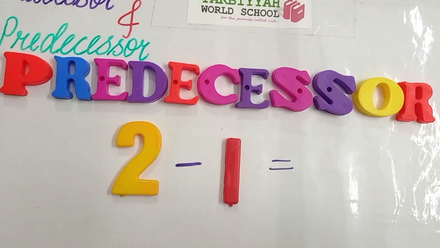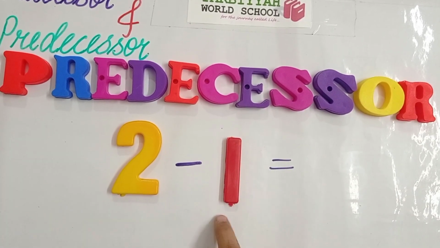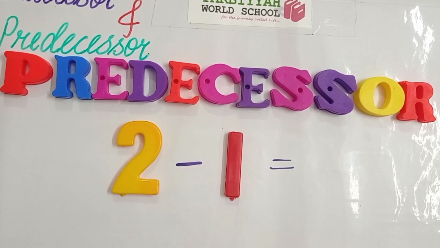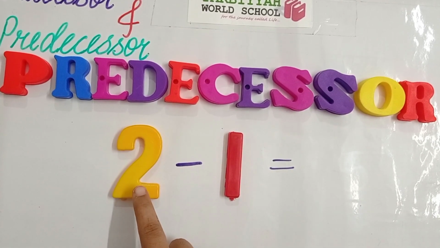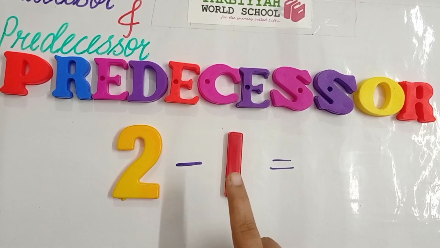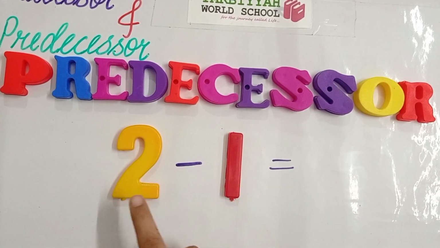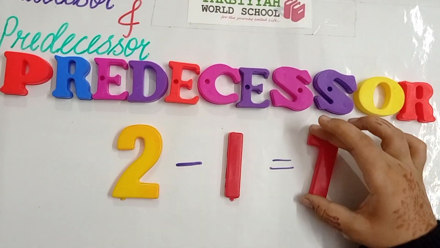See, the predecessor of 2 is, because for the predecessor of a number we just subtract 1, so the predecessor of 2 is 1.